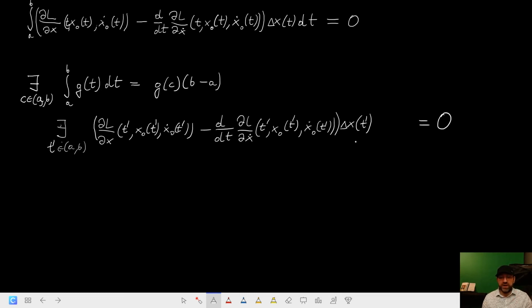So because delta t is arbitrary, we can set this to 1, but we can set this to 1 on each of its coordinates.